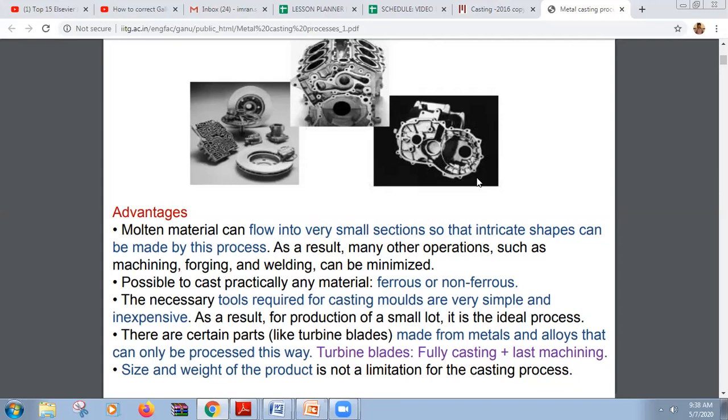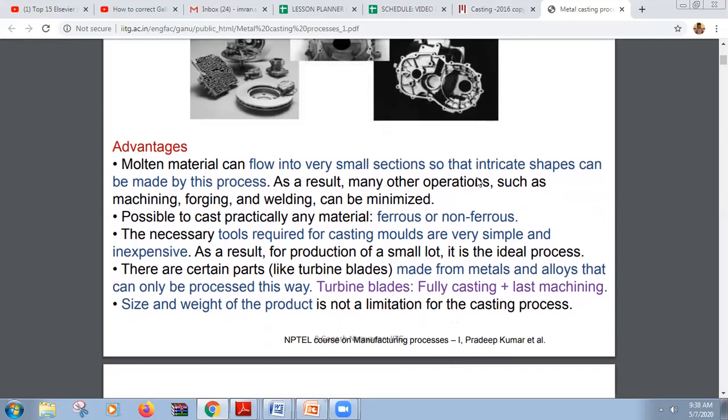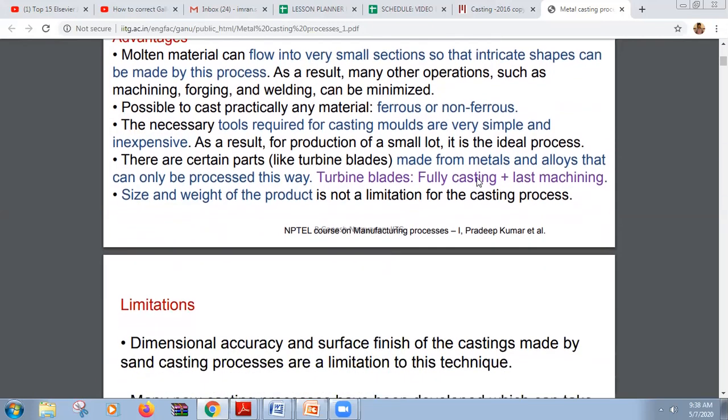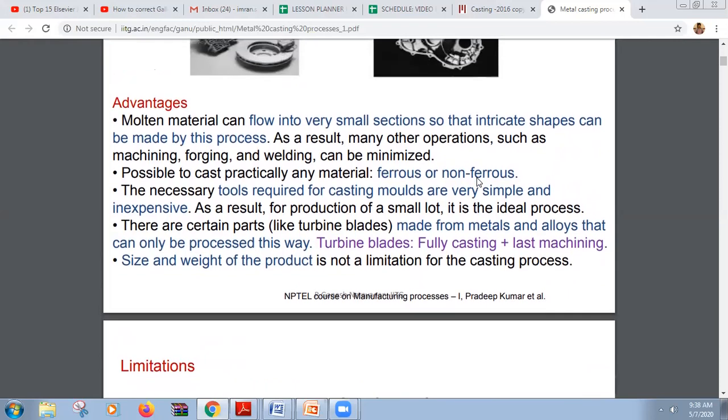And then the last one is that size and weight of the product is not a limitation for the casting process. That means any size and any shape can be made by the casting process. This process is very much cost effective, and it does not need a heavy setup and a heavy investment.